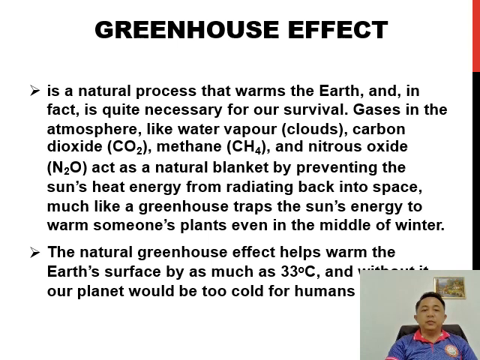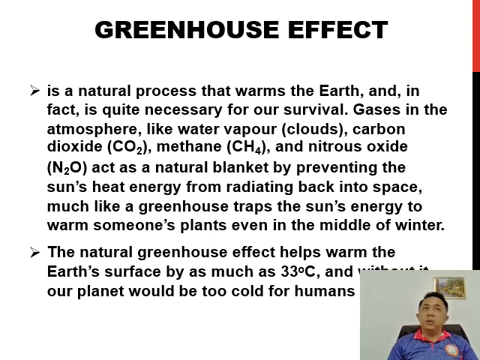Okay, these gases act as a blanket to prevent the sun's heat energy from radiating back into outer space. It is very similar to the greenhouse in that it will prevent the dissipation of heat going back to outer space.